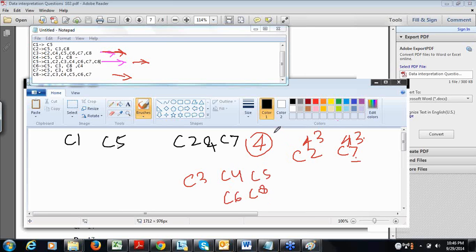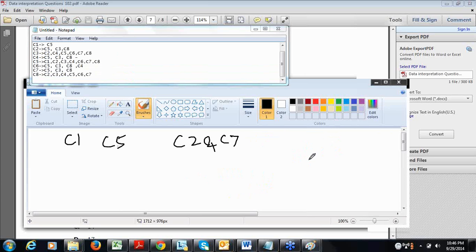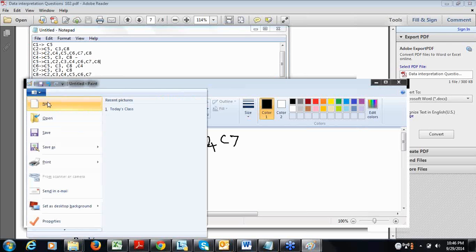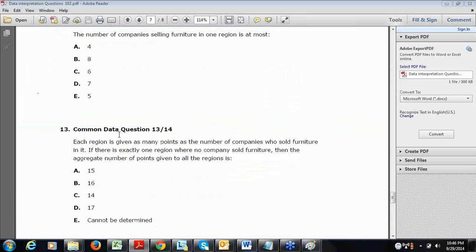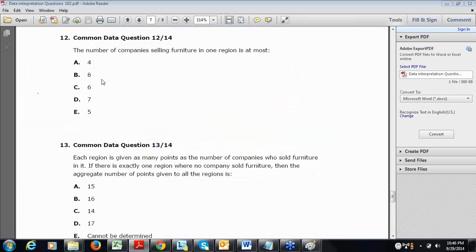Got it, everybody? See, we are excluding C1, everybody got that?